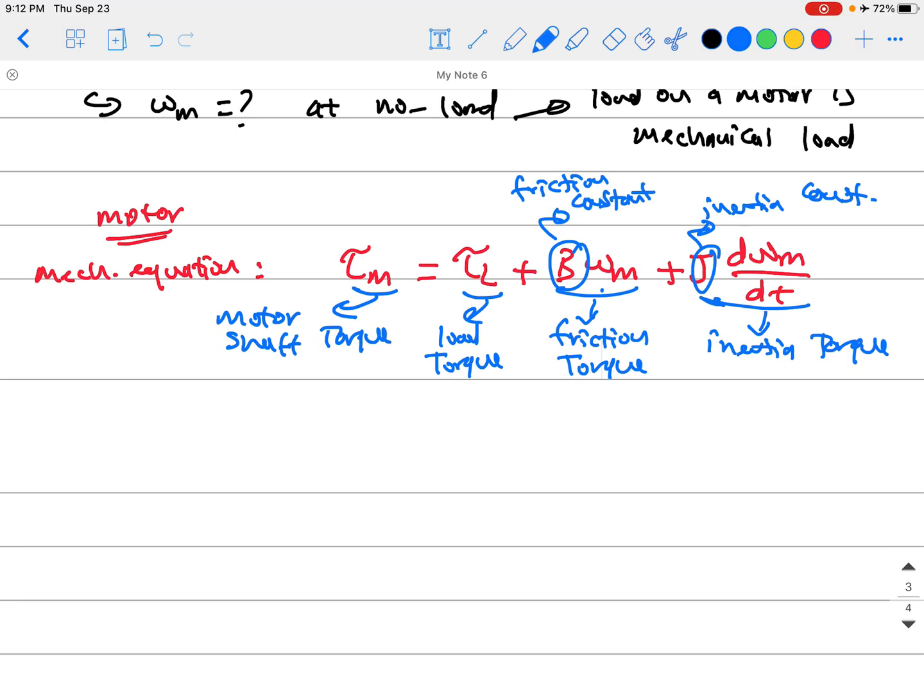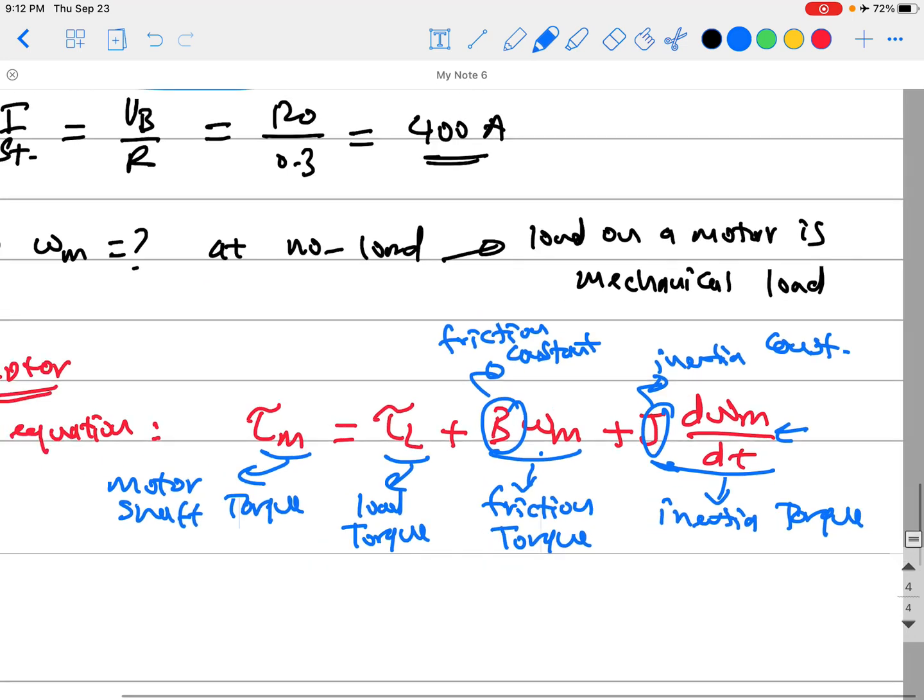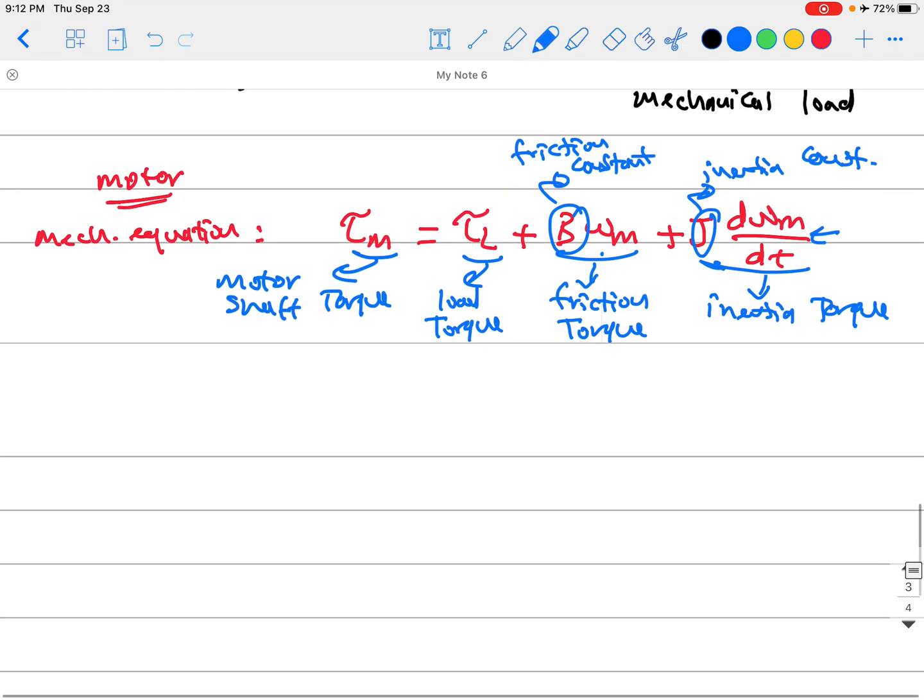If it is fixed and you're trying to change its speed or just moving it, it will have some inertia applying to you. But now it depends on the time derivative of the speed, d omega by dt. That means that's just a transient term.